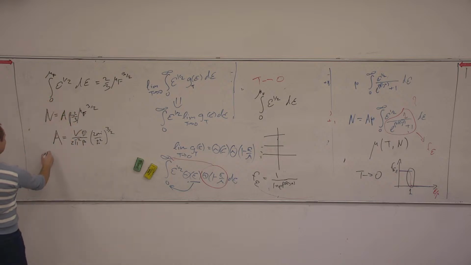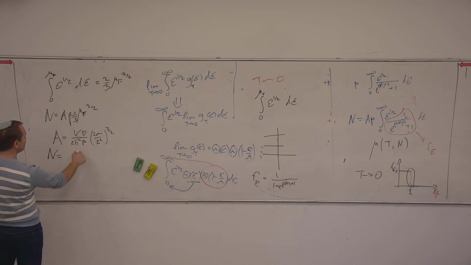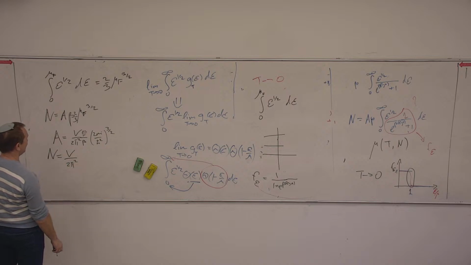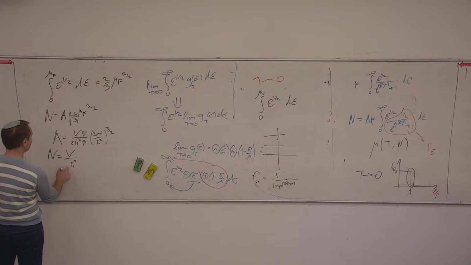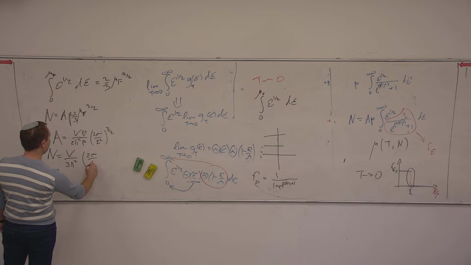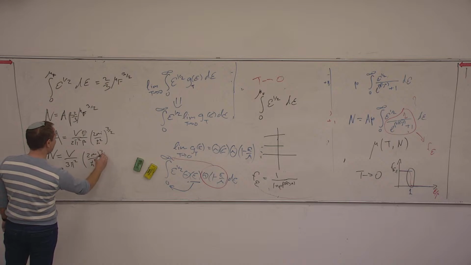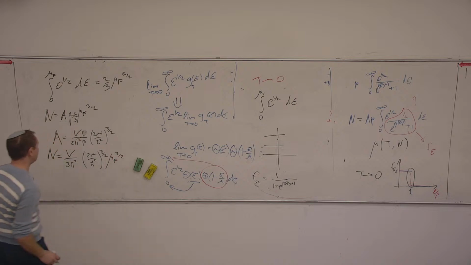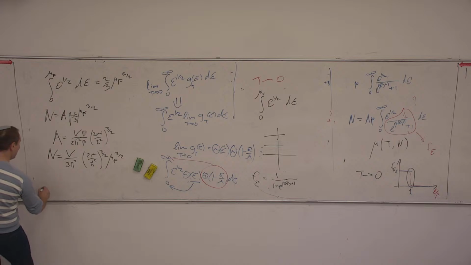Now we have n equals, beta and beta cancel each other, so we have V divided by 2 pi squared, the 2 and the 2 cancel each other, so we have 3 pi squared, times 2m over h bar squared to the 3/2 times mu Fermi to the power 3/2. So mu Fermi is the level up to which all the electrons are sitting.